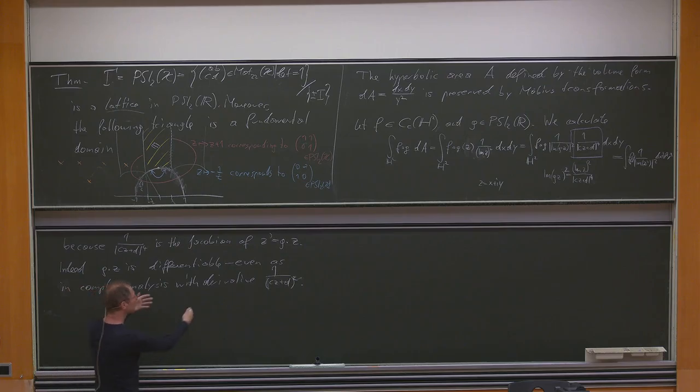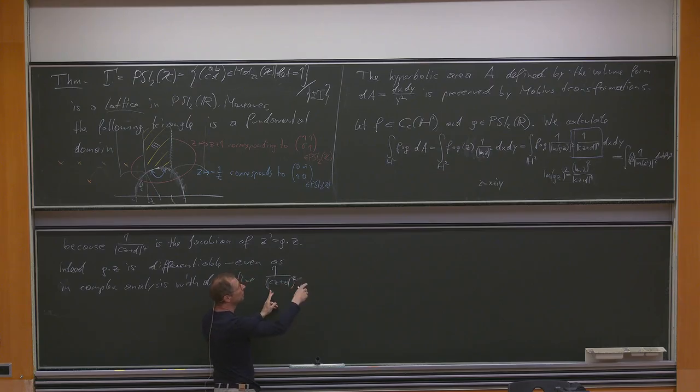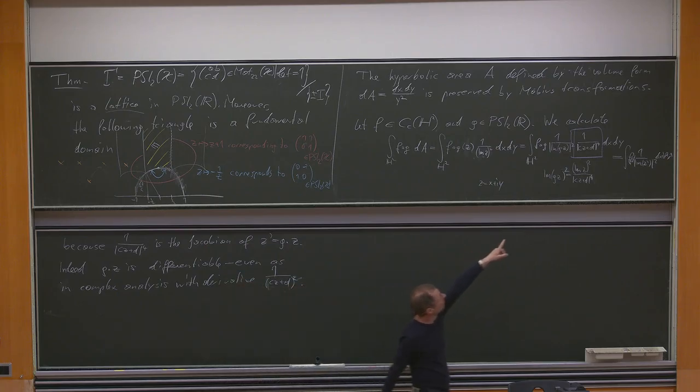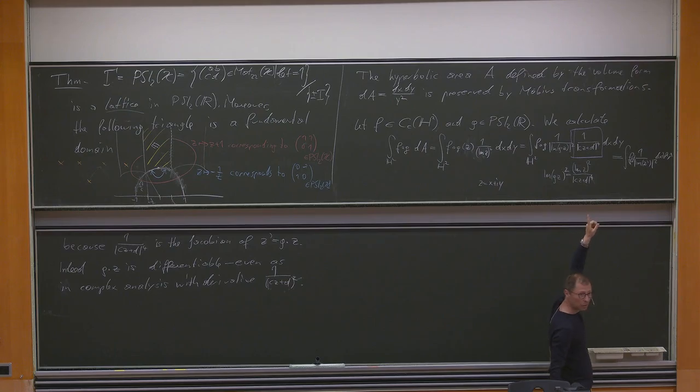So by doing this translation, when you think of this as a linear map on R2, you get precisely 1 over |cz+d| to the fourth power.